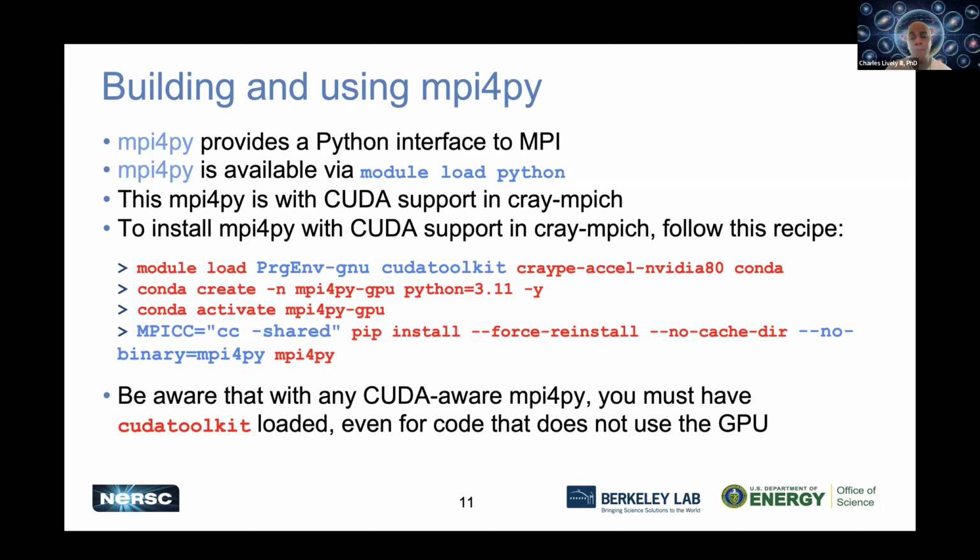But one thing you want to make sure that you're aware of is that in order to use the CUDA-aware mpi4py, you must have the CUDA toolkit loaded. And that is even if your code doesn't make use of the GPUs. And again, that goes back to how we have specific wrappers and packages that are utilized to make sure that you're getting the optimal libraries for each of the compilers and wrappers that you need to make use of.